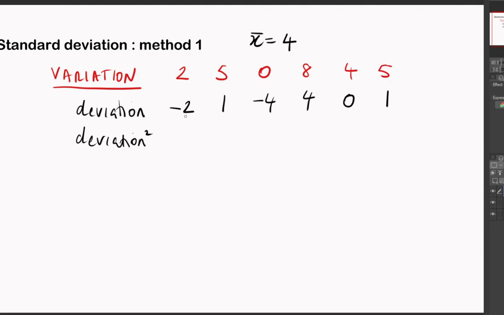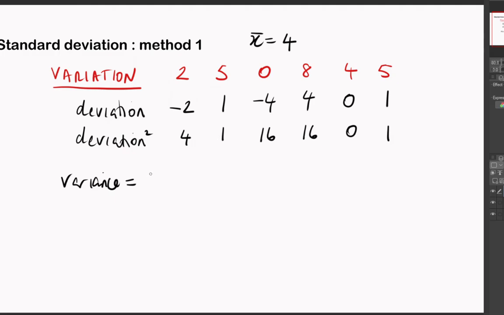Okay, so we're going to square the deviation. So this will be 4, 1, 16, 16. I'm just squaring all the numbers. 0 squared 0, 1 squared 1. Now, this thing called the variance is the average of the deviations squared.